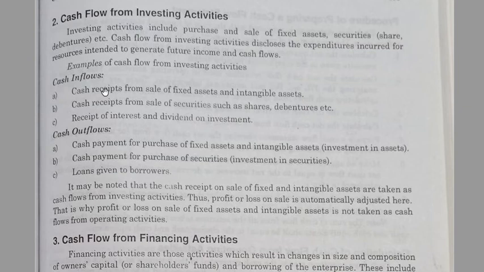Examples of cash inflows of investing activities are cash received from sale of fixed assets and intangible assets, cash received from sale of securities such as shares, debentures, etc. So when you sell your shares, you receive cash payments, right? You receive the capital.